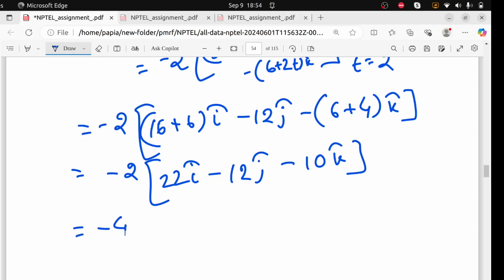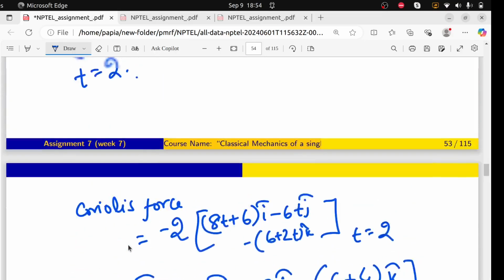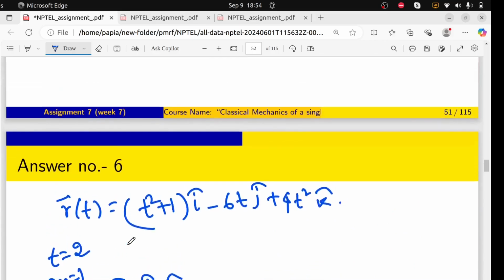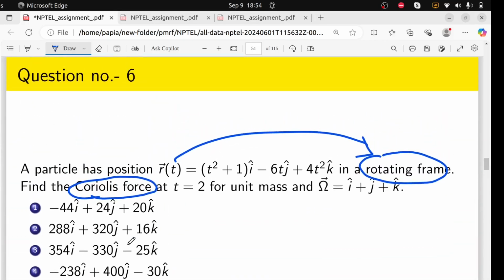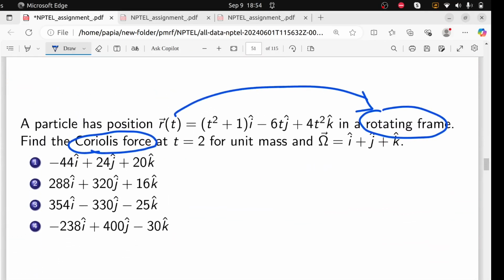Finally I will have minus 44 i cap plus 24 j cap plus 20 k cap. So this one is the correct option, the first one.